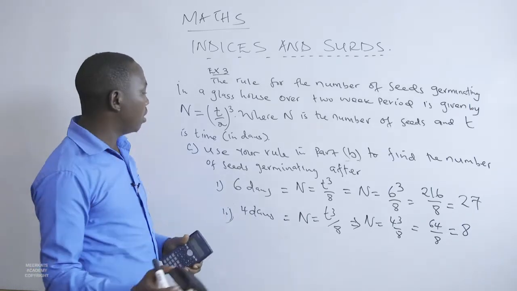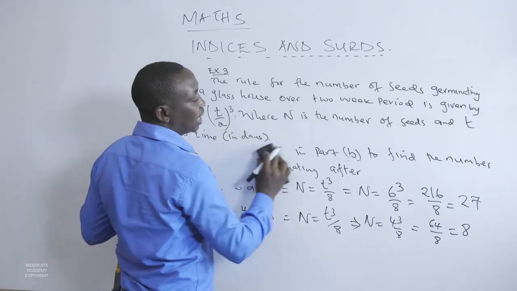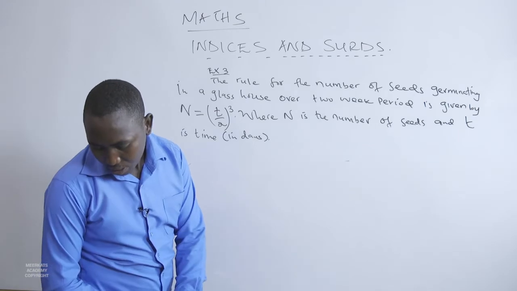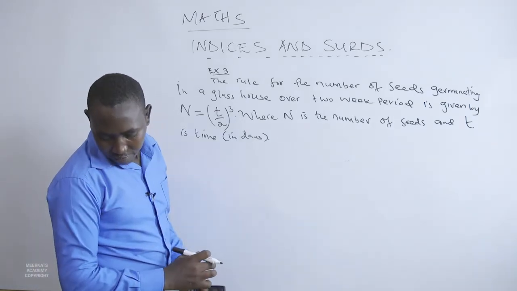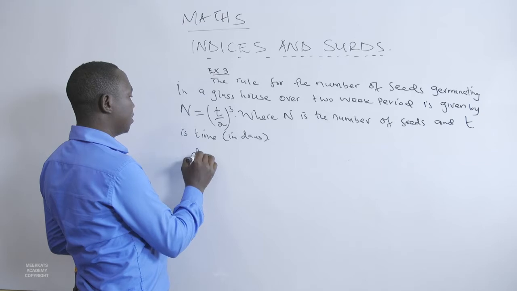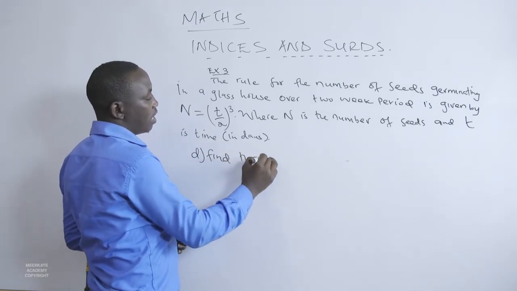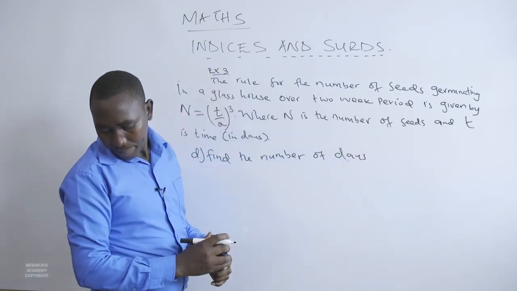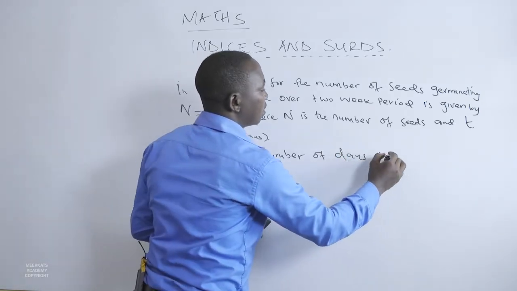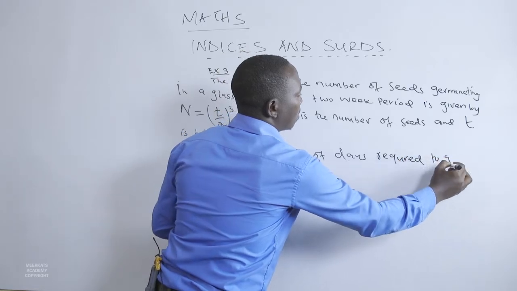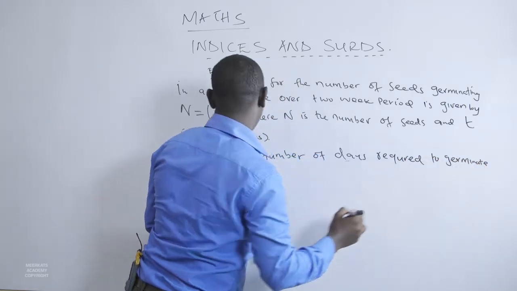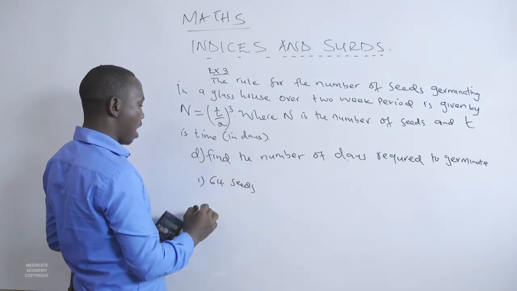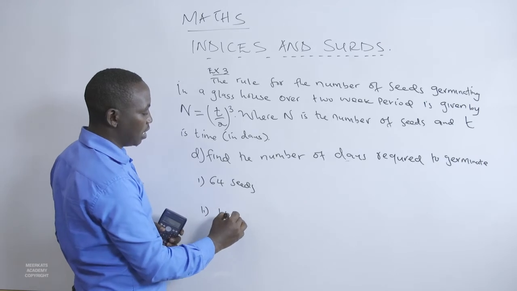The final question on this part, part D, we are told: find the number of days required to germinate 1, 64 seeds, and 2, 1 seed.